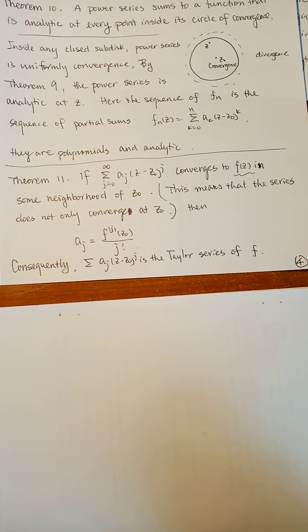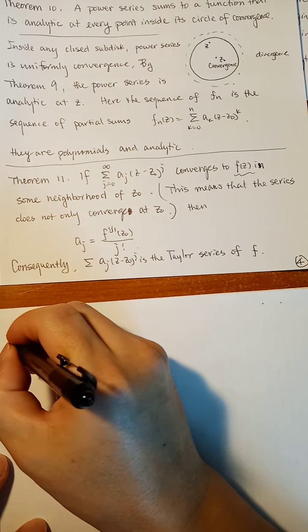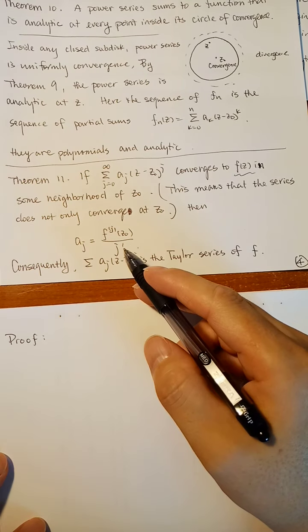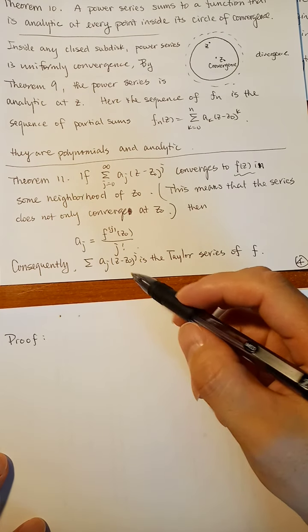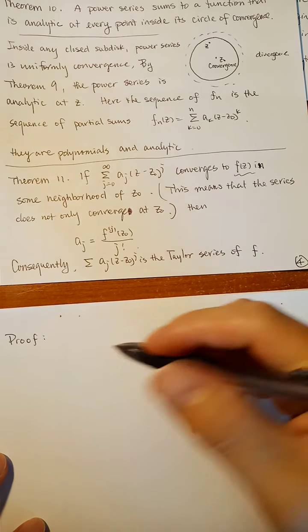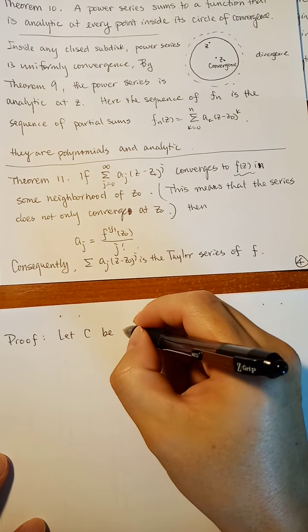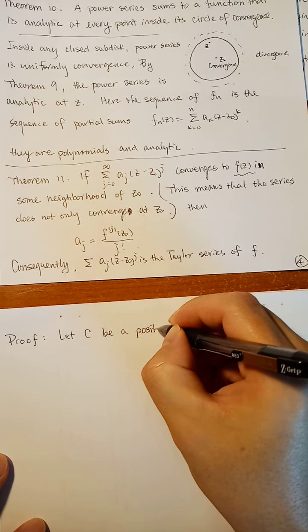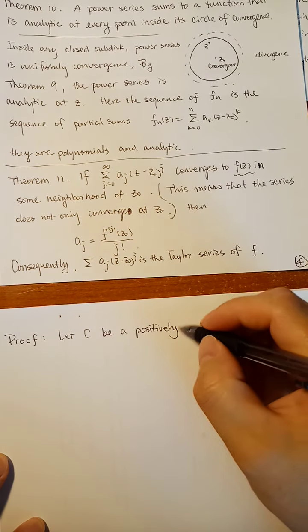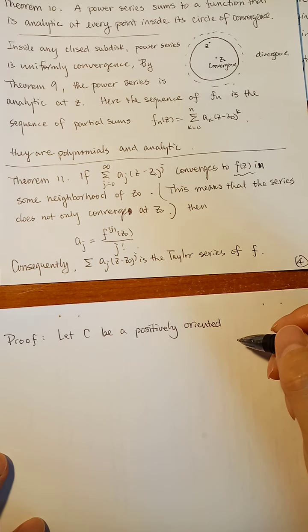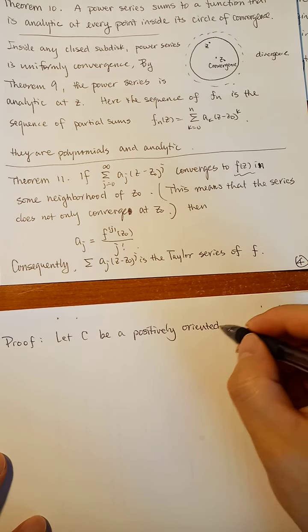Okay, so let's check. How do we show this one? First, in order to apply it, we need a circle. So let C be a positively oriented circle. Positively oriented just means counterclockwise.